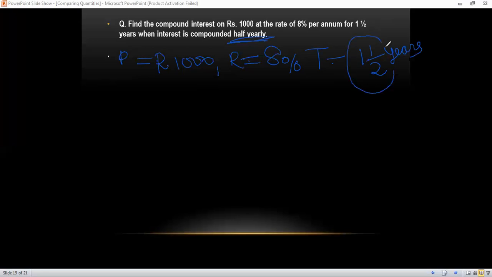This is in mixed form, so first we will solve it. We multiply 2 into 1, that is 2, 2 plus 1, that is 3. So 3 by 2 years.